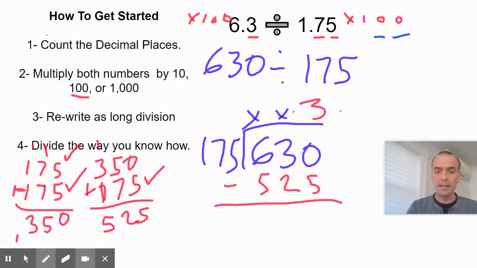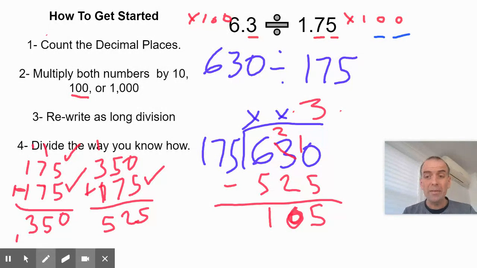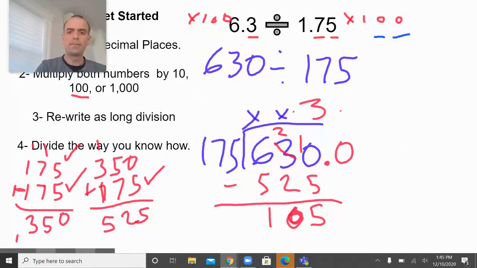I subtract them. 630 minus 525 is 105. Okay. And now there's nothing left to bring down, but I can't have a remainder in this division. So what I do is I just put a decimal and a 0 there.